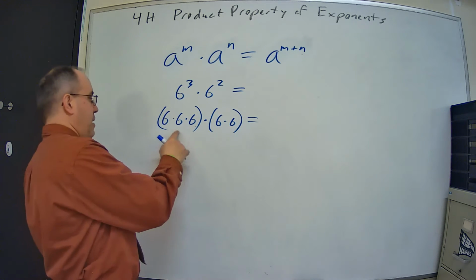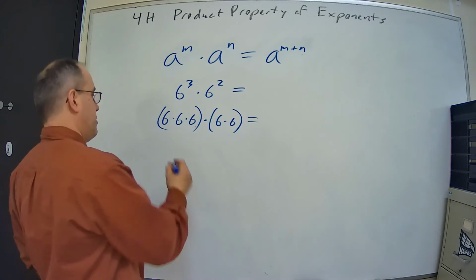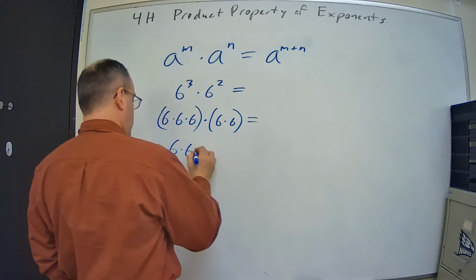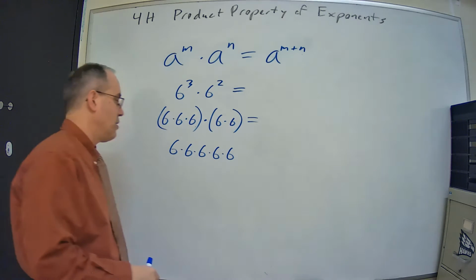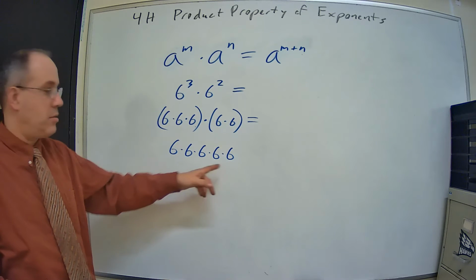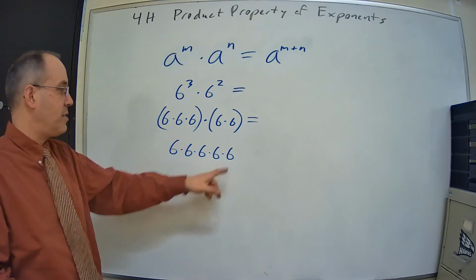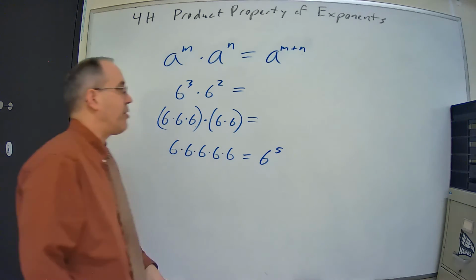So we've got 6 times 6 times 6 times 6 times 6, right? Knowing how exponents work, I've got 5 sixes here, so that is equal to 6 to the 5th.